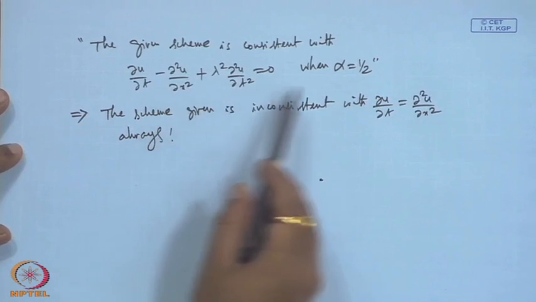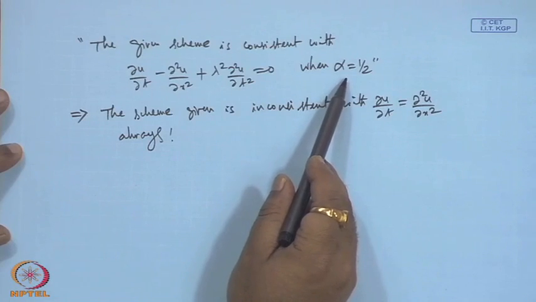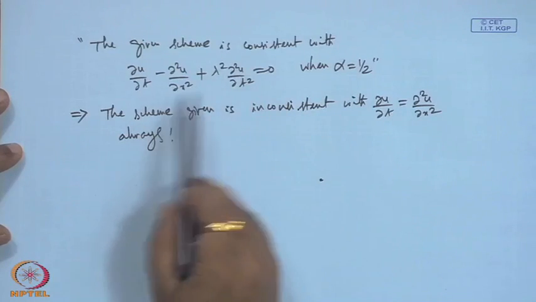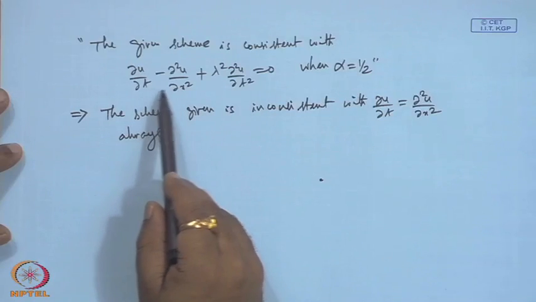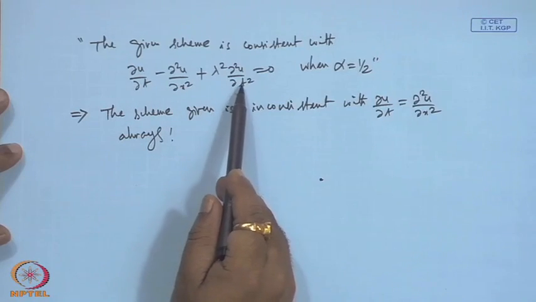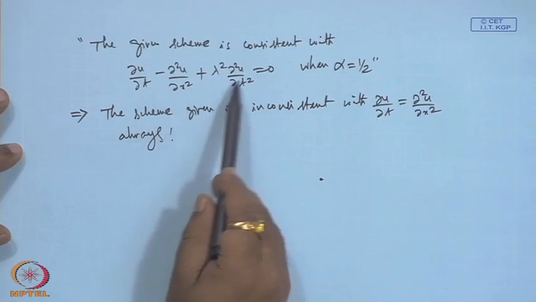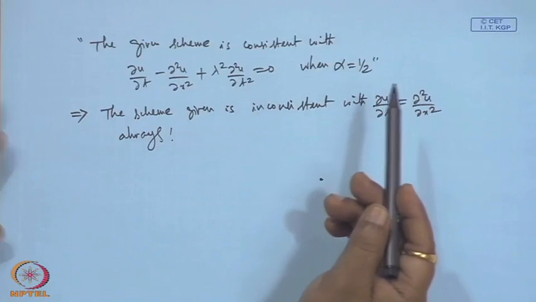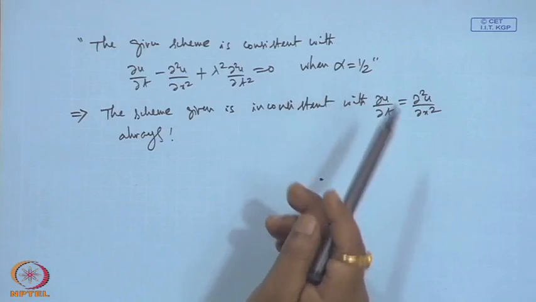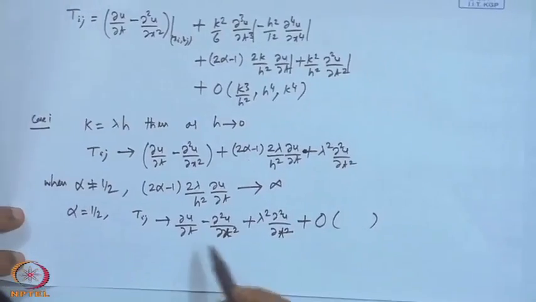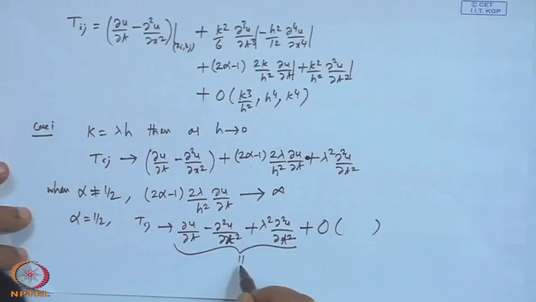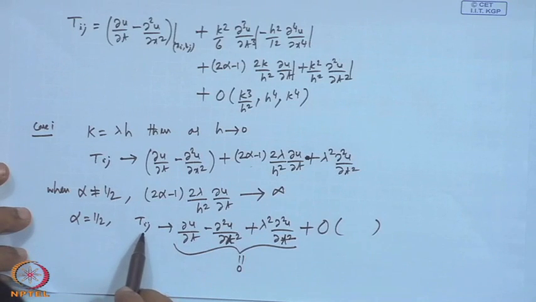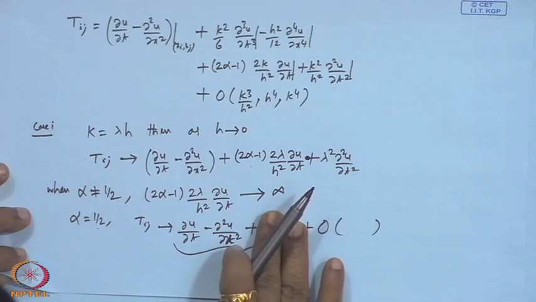However, in one case when alpha is not equal to half, one term blows up, whereas when alpha equals half, the error is going to this term. So, if this is 0, then there is a corresponding error which is contributing from the next non-zero term. So, that means in the sense the given discretization when alpha equals half is consistent with this equation, not with this equation.